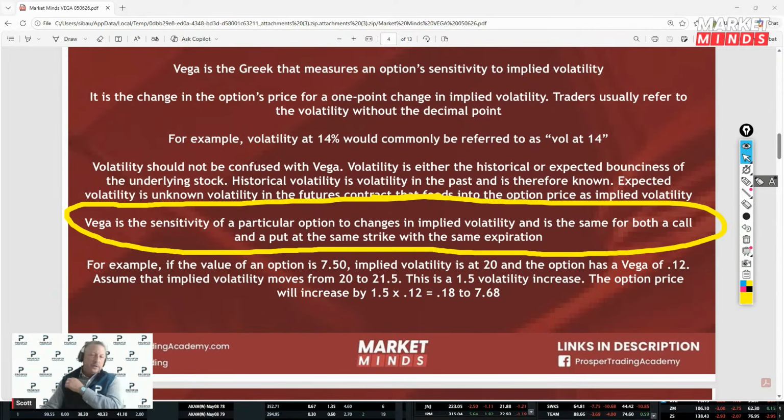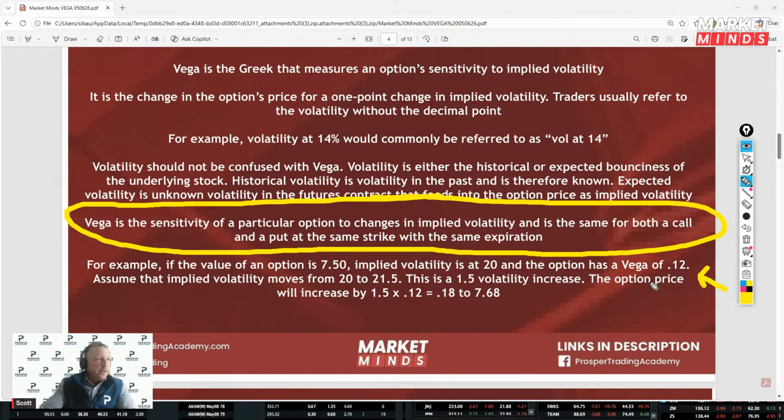Now, lastly, before we go into a deeper dive and some examples, let's say the value of an option is $7.50. Implied volatility is 20, and the option has a Vega of 12.